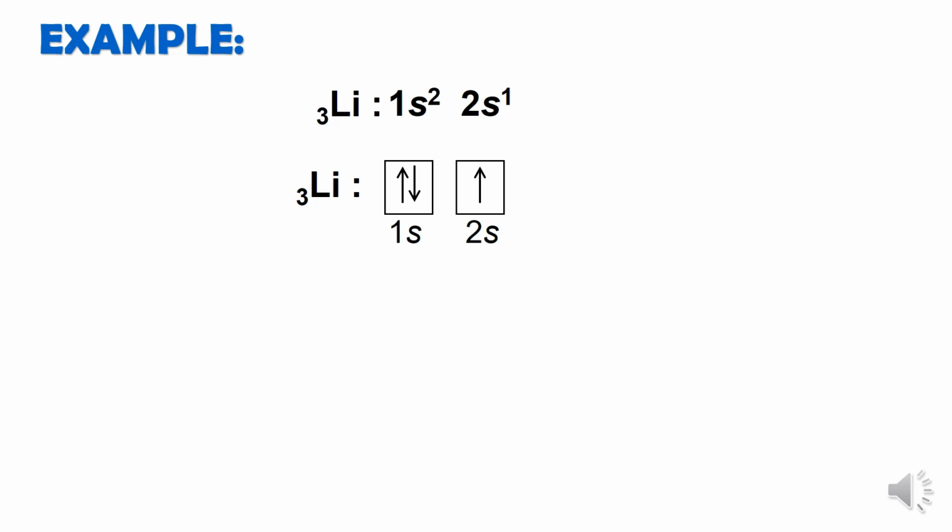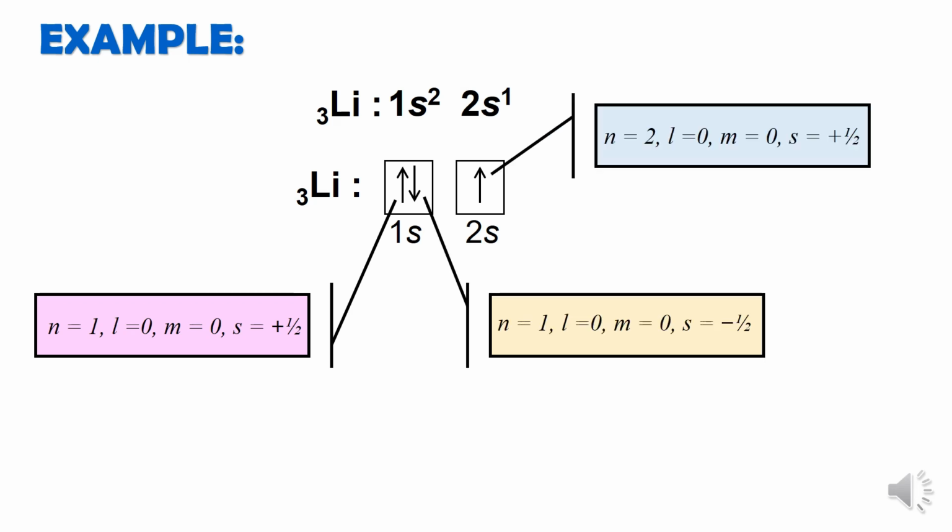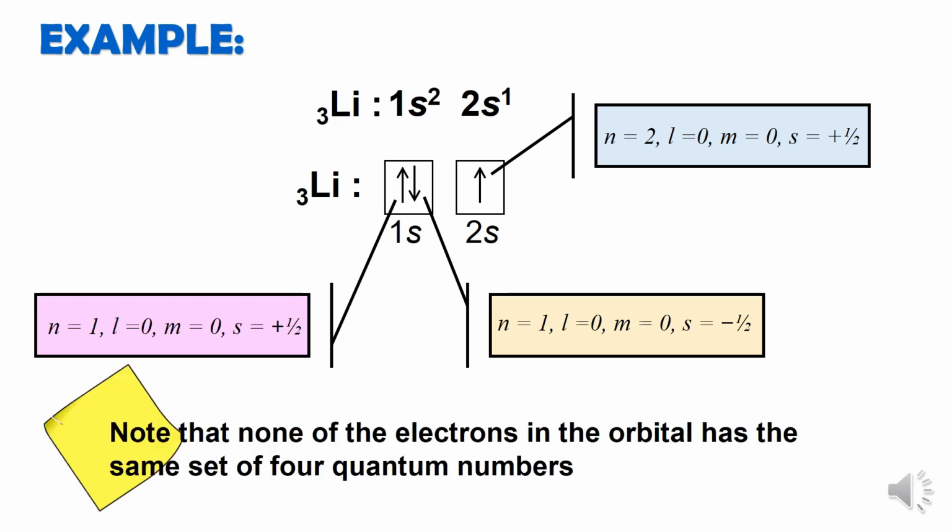From the orbital diagram, we can deduce the set of quantum numbers for each electron. Note that none of the electrons in the orbital has the same set of 4 quantum numbers.